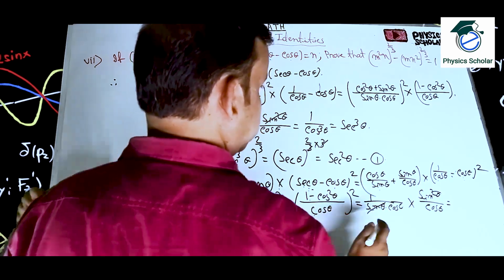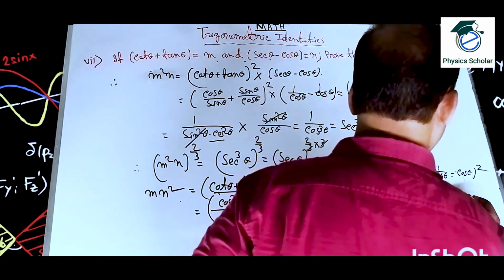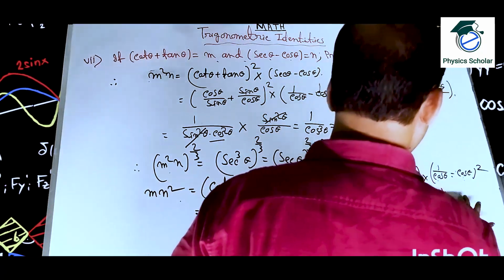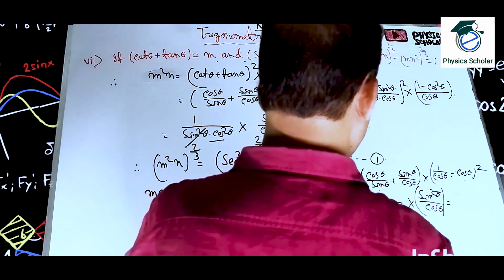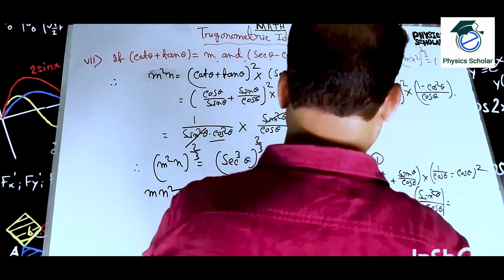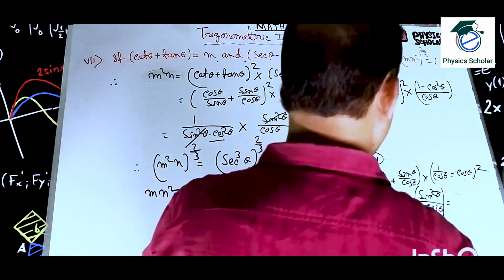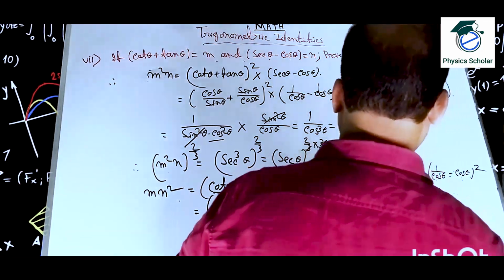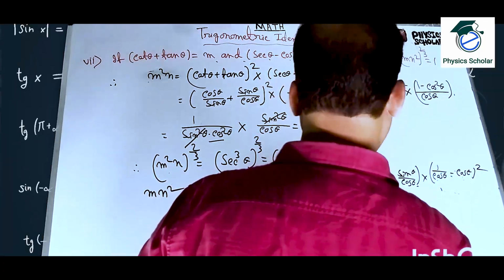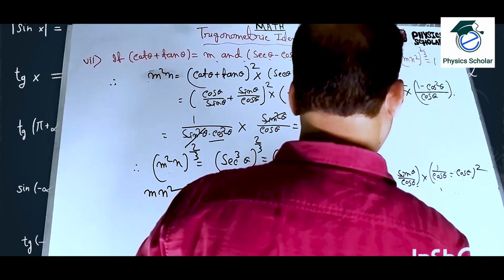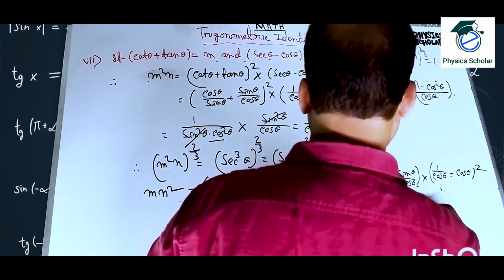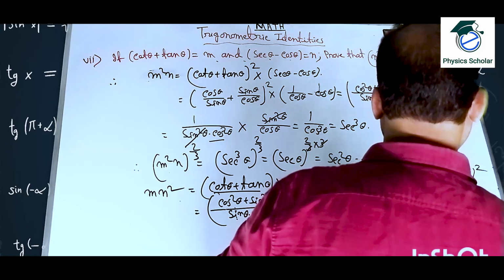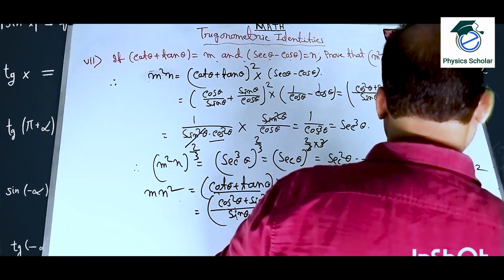So 1 minus cos square theta means sin square theta, and the whole square is there. So it is 1 by sin theta into cos theta, into sin square theta, that means sin to the power 4 theta by cos square theta.